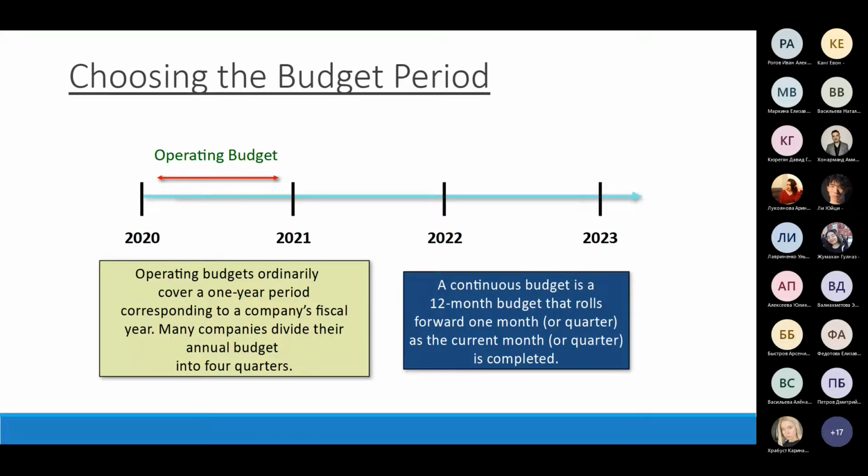So which companies are using this rolling budget? Actually, companies that use massive production, companies that are using a project-oriented business model, not operating.